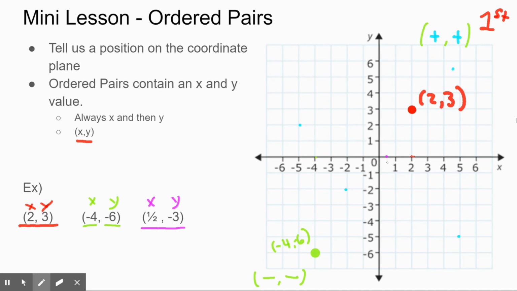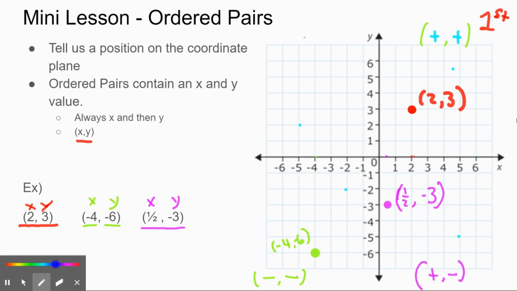Our y-coordinate is negative 3, so we're going to go down. And then we can plot our point right here. This would be the point (1/2, negative 3). If we look at our x and y values, we know it's going to be in this fourth quadrant because the x value is positive and the y value is negative.